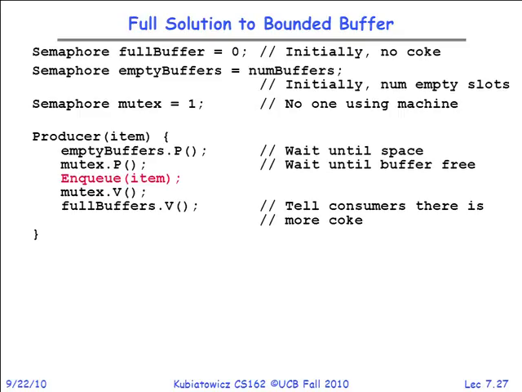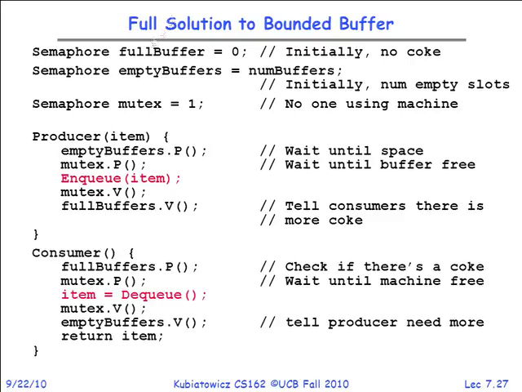Okay? Now, of course, the consumer is the flip side. Consumer says fullbuffers.P. So this is the student. They say, well, if this is 0, I'm going to go to sleep on the floor because I don't have any Coke and can't work anymore. Okay? Assuming that fullbuffers.P has been successfully executed, then I know there is a Coke can there.